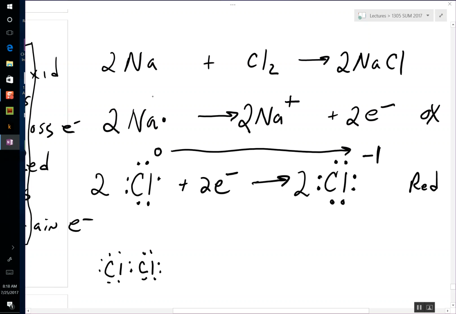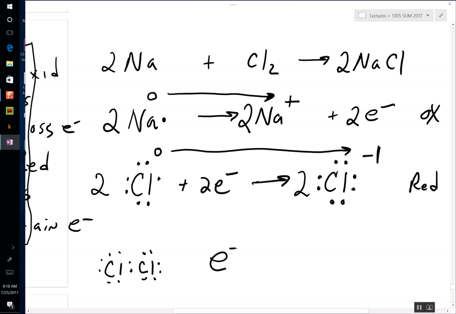And if you look at the sodium atom, it has no charge. It is actually going up. It's increasing. It's going from a 0 to a +1. So that is oxidation. Going down in charge is reduction. And why did it go down? Because it gained a negatively charged particle. The electron is negative.